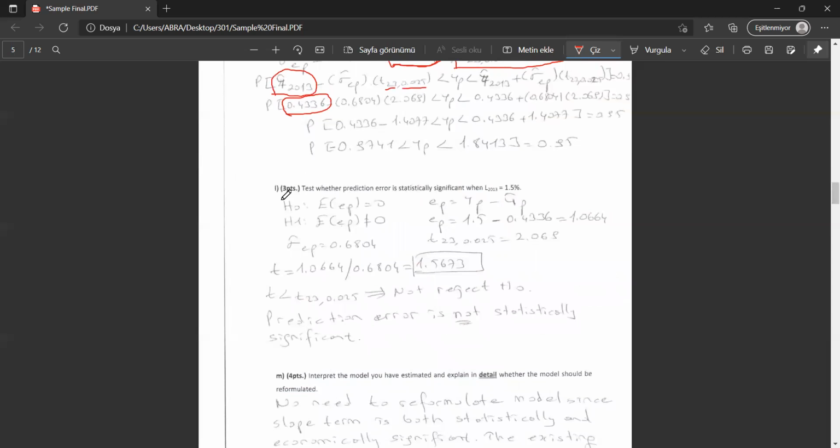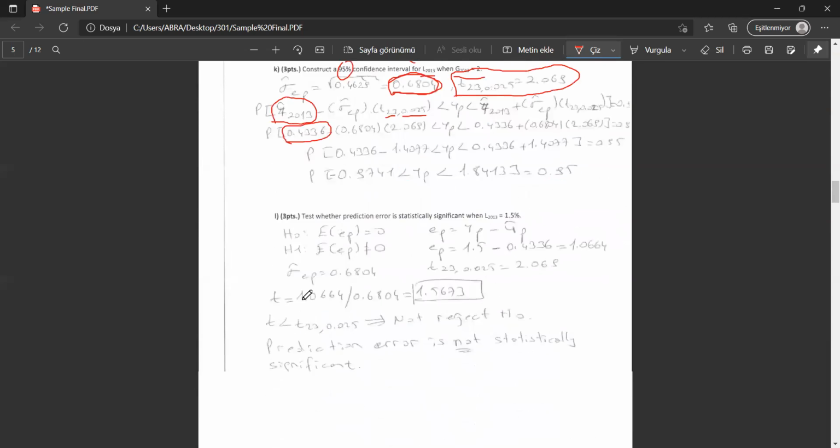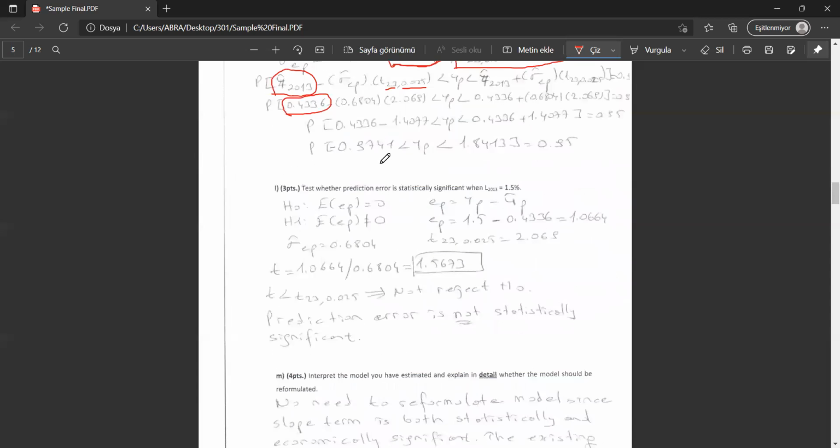And let's go to part L. Now we need to test the significance of the prediction error, okay? First, we need to predict the error, okay? The error prediction is the actual value of the future L minus the predicted value.